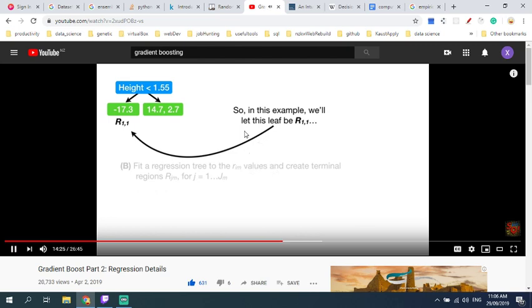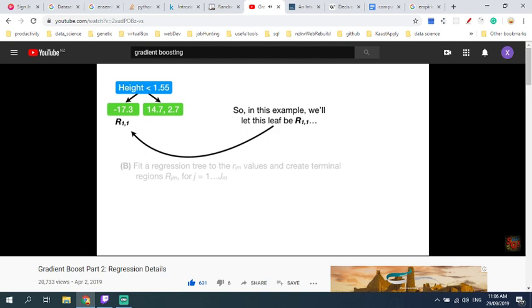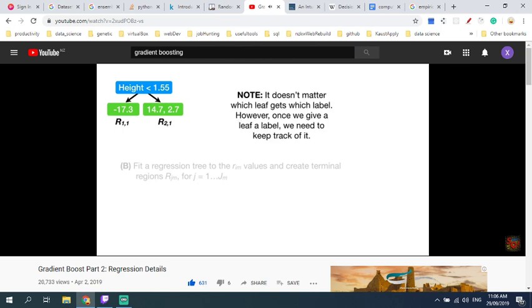In this example, we'll let this leaf be r sub 1 comma 1, and this leaf be r sub 2 comma 1. Note, it doesn't matter which leaf gets which label.